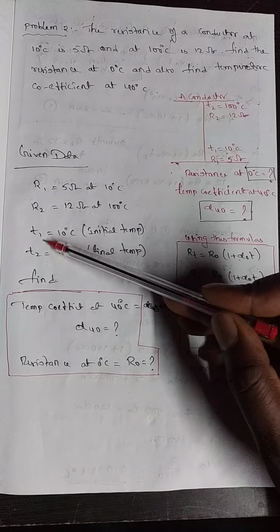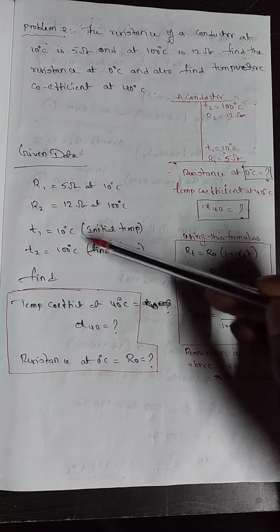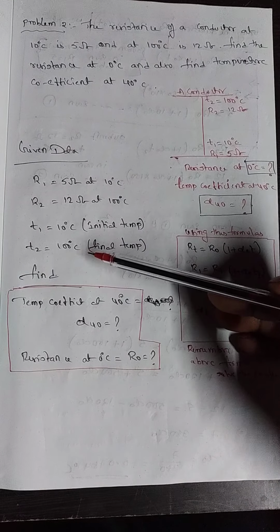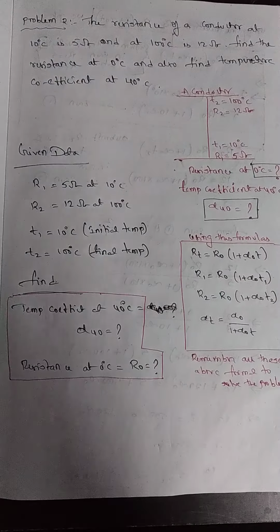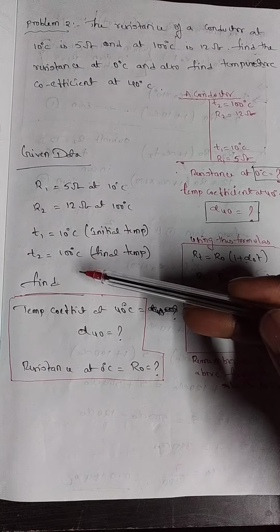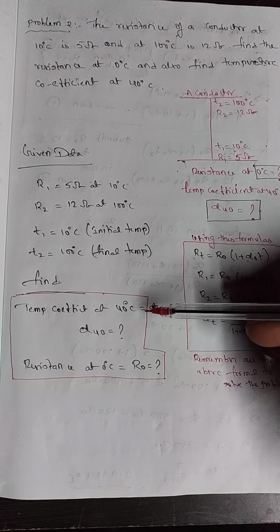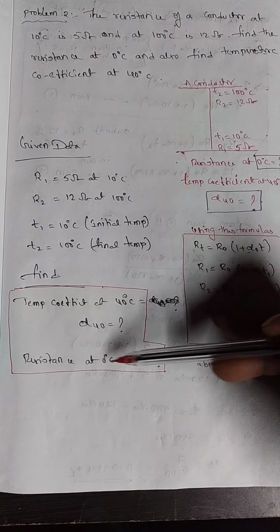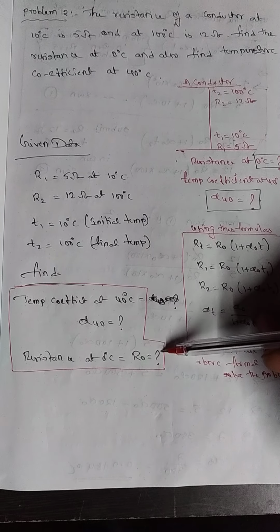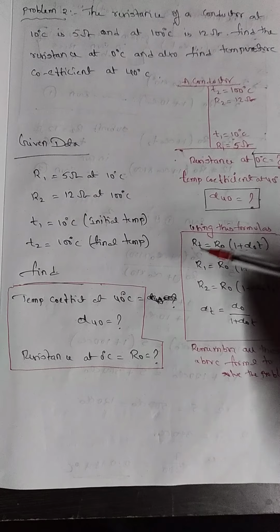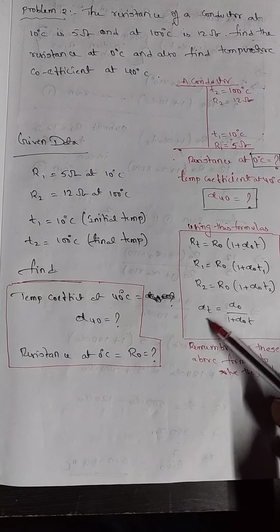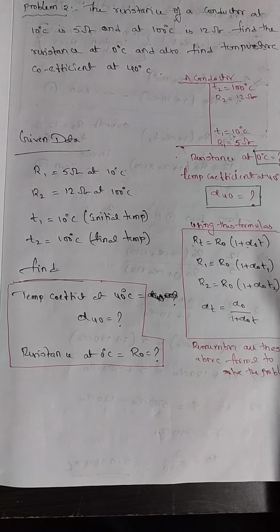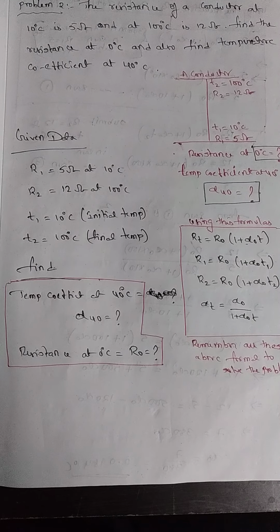That is, T1 initial temperature is 10 degrees centigrade, and T2 equal to 100 degrees centigrade is the final temperature. We have to find the temperature coefficient at 40 degrees, alpha 40, and the resistance at 0 degrees, which is R0, and we also need to find alpha naught. We'll see now.